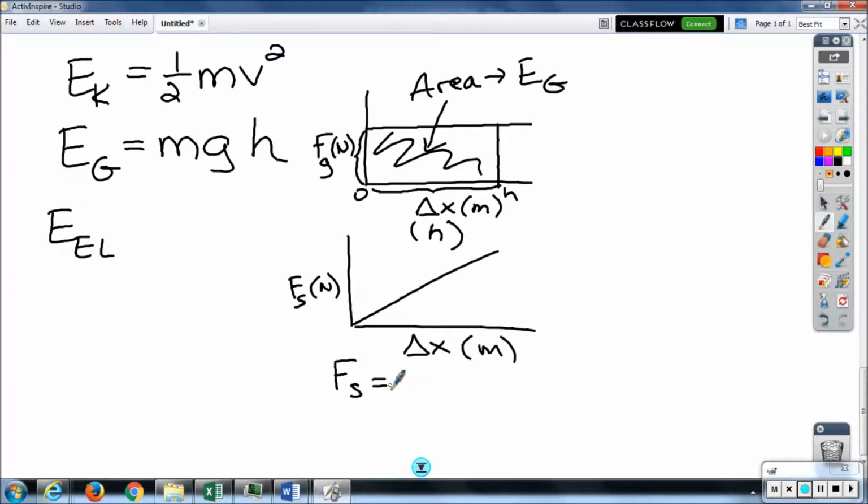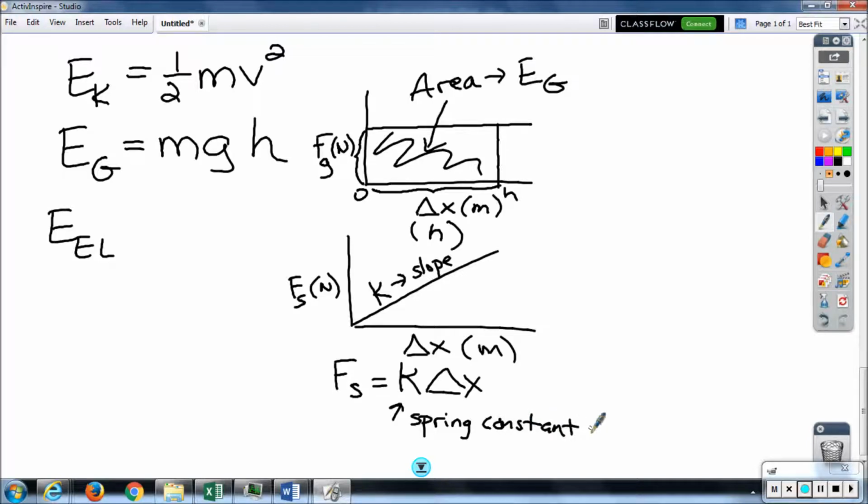The spring force is a conservative force, and it's proportional to the displacement of the spring. And the constant of proportionality is the slope of this graph, and we call K the spring constant, which represents how tough the spring is.